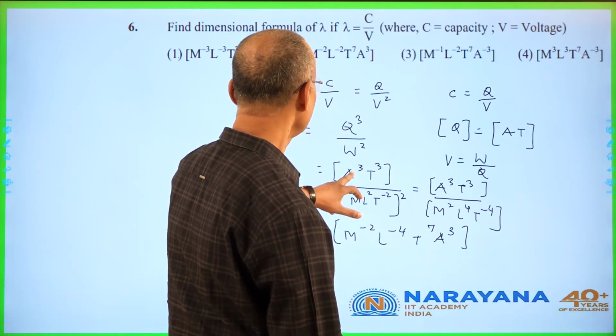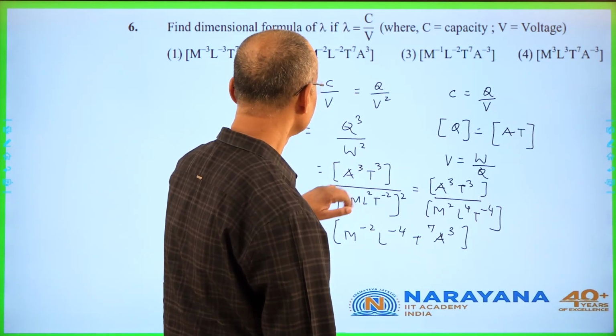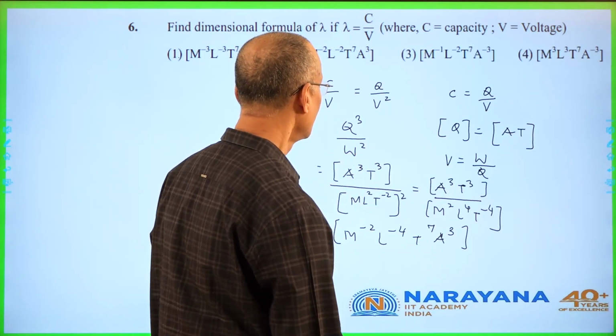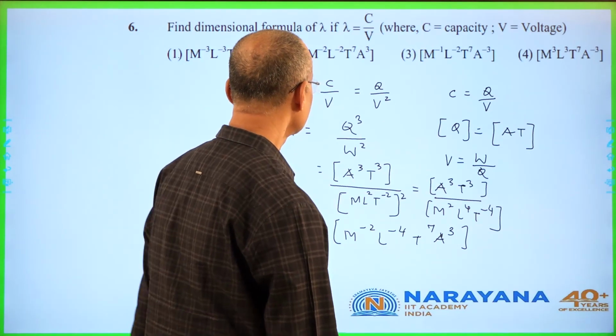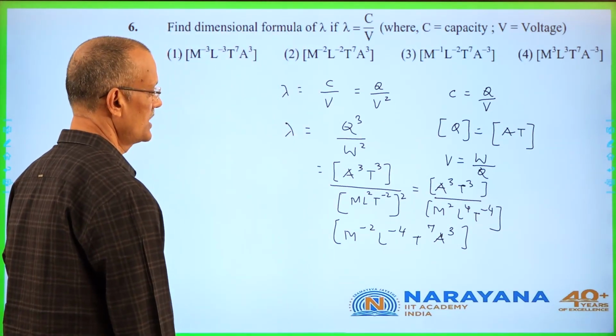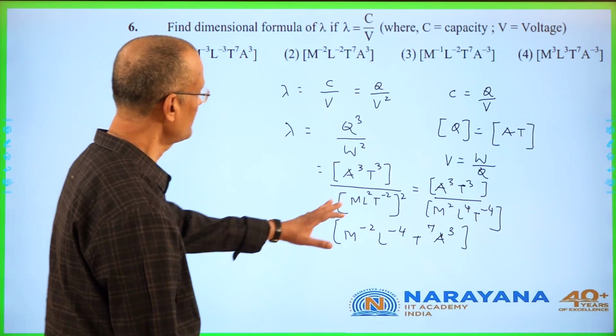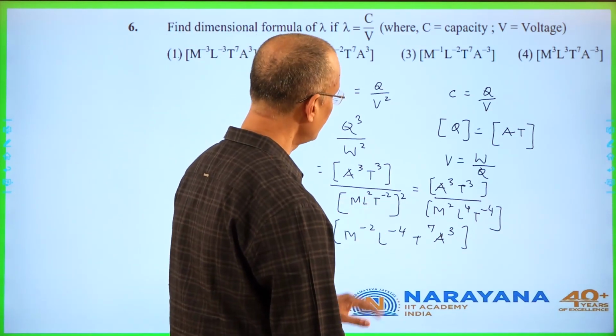Q power 3 means A cube T cube W squared. Work is force into displacement, ML T minus 2 into L, ML2 T minus 2 squared, correct.